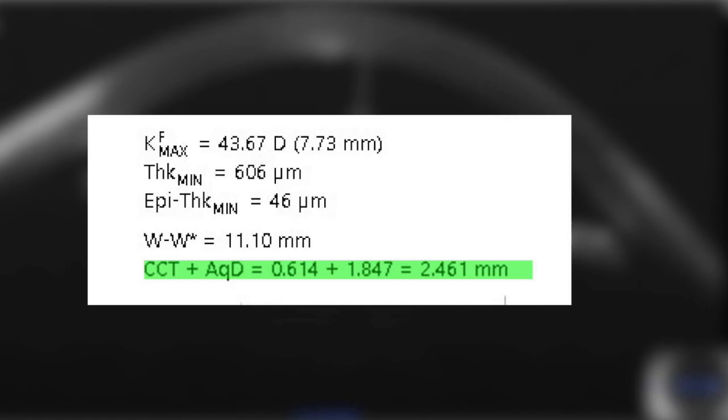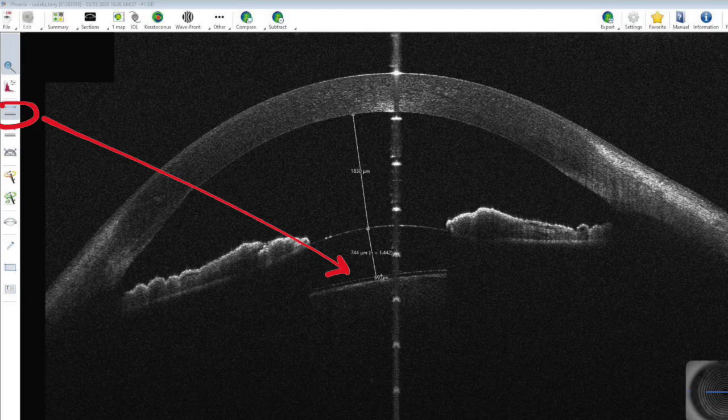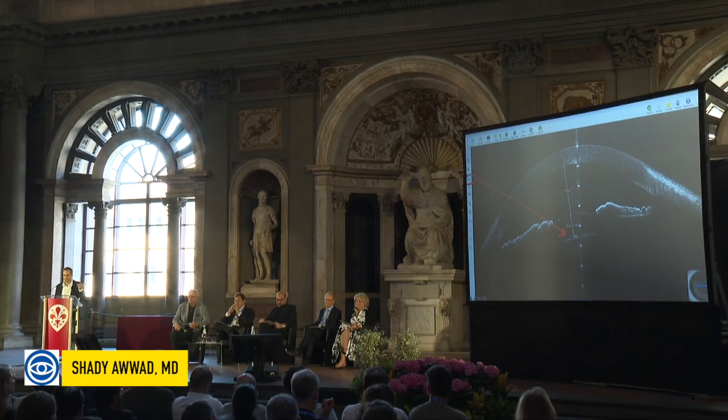But you have the power on the MS39 to go ahead and calculate. If you want to do so, the MS39 has this really great scale where you can get the index of refraction. Remember, OCT is just a physical distance measurement, so the machine does not extrapolate what kind of material is in there. It does for the cornea based on segmentation, but you might have all types of different implants in there.